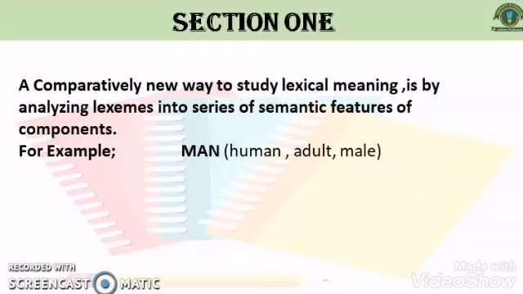If you understand this one, you will easily get the next two sections. Section 1 has great value in componential analysis, because if we do not get the very first step, how can we move to the next one?